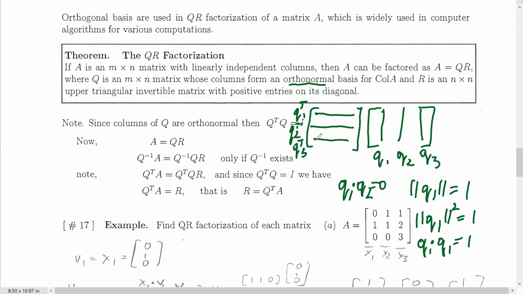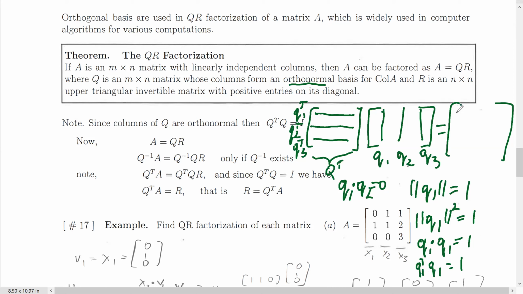If I multiply Q transpose, this is my matrix Q transpose, and this would be my matrix Q. Multiplying, I'm getting row times column. That would be my first entry right here. So I'm getting Q1 transpose times Q1, which is a dot product, and it is equal to 1 because they are orthonormal.